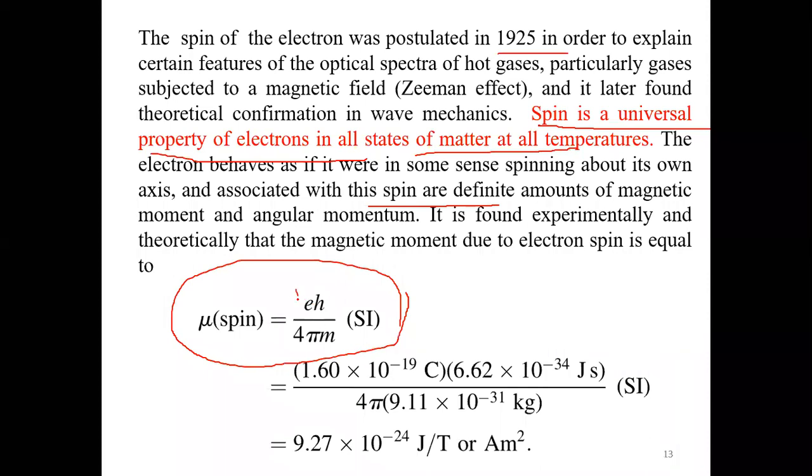If you substitute the value of the charge, 1.60 into 10 to the power minus 19 coulomb, the value of h, which is 6.62 into 10 to the power minus 34 joule second, 4 pi, and the mass of the electron, which is 9.11 into 10 to the power minus 31 kilogram, and calculate that, it will be 9.27 into 10 to the power minus 24 joule per Tesla. So this is the magnetic moment of an electron, or we call it one Bohr magneton.